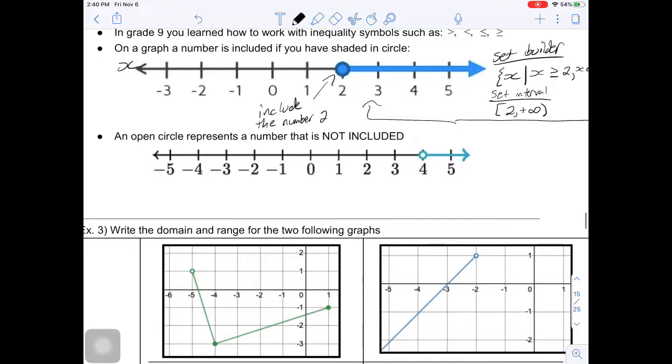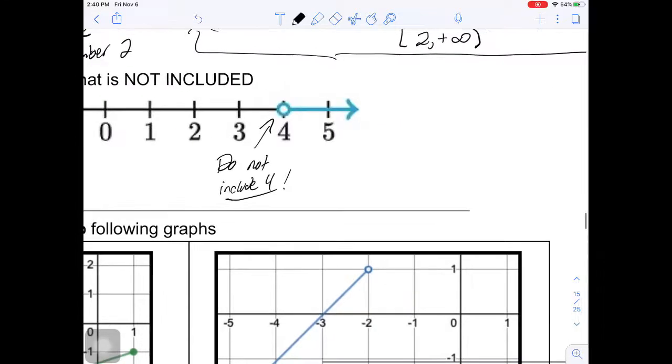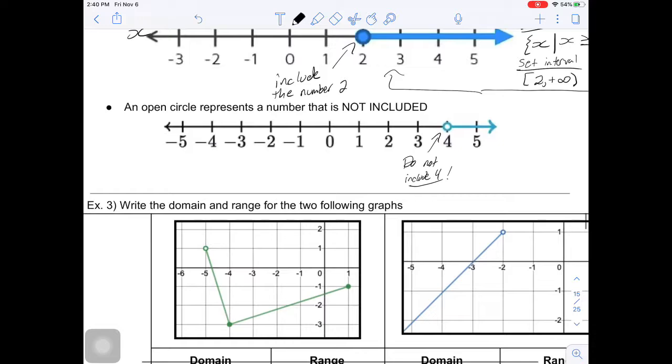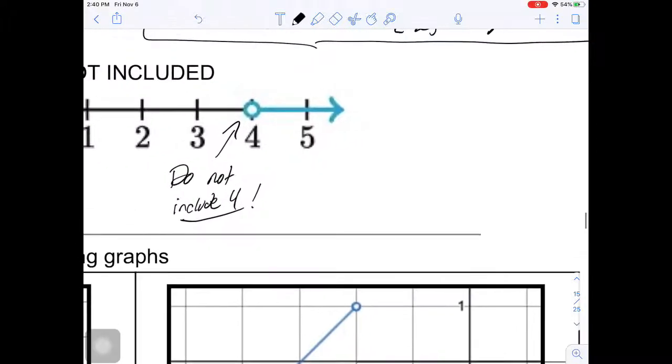Let's look at this one here. If you have an open circle, remember, that means that number is not included. So here, this is do not include 4. So how would I write that? Well, let's call this all numbers, let's call it J. Okay, so these are the numbers J. What kind of numbers can J be?